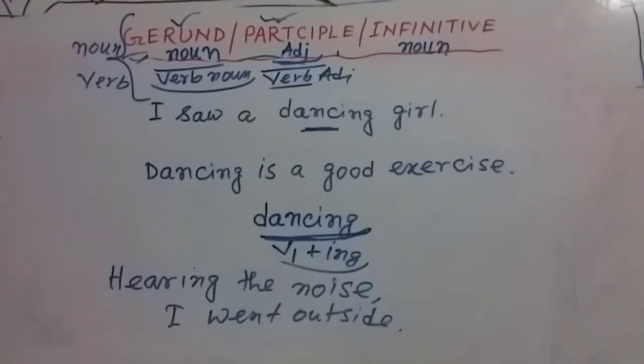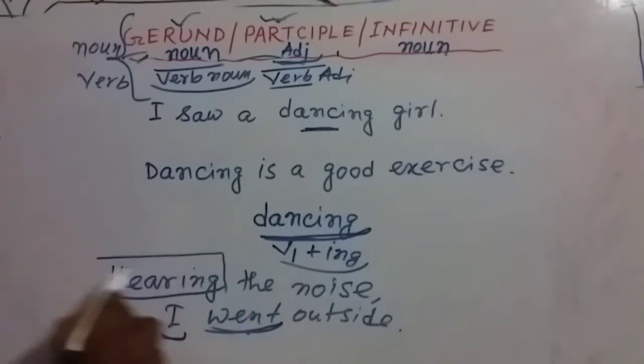Here this is purely a non-finite verb, but here this is the finite verb. That means it will be changed according to the tense, according to the subject, or according to the person of the subject. This form will not be changed.